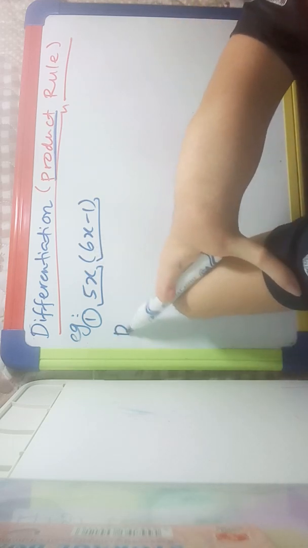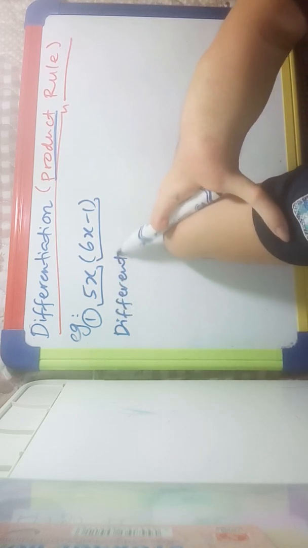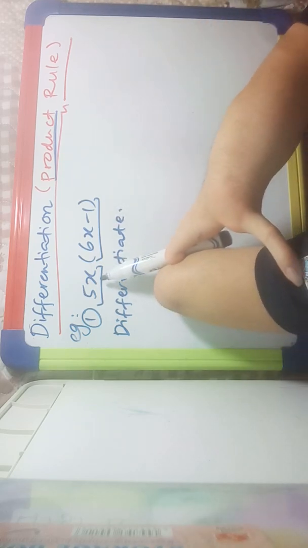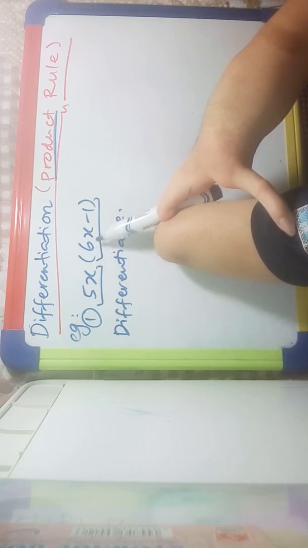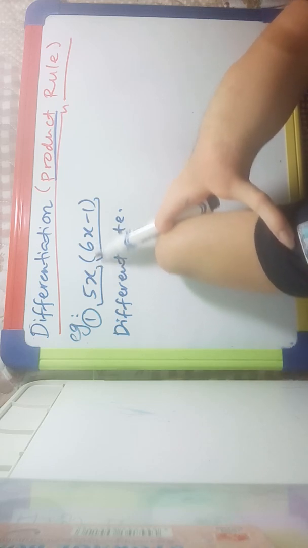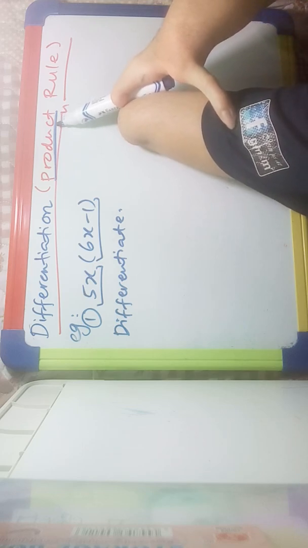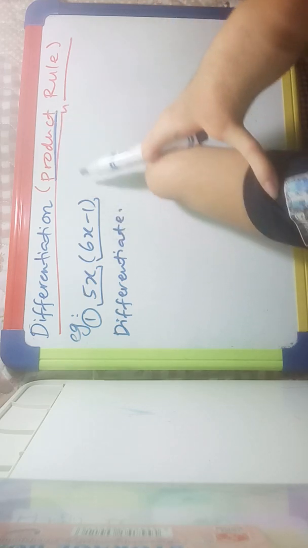My question is: differentiate this with respect to x. When two different functions are multiplied between each other, in order to differentiate, we can use the product rule.